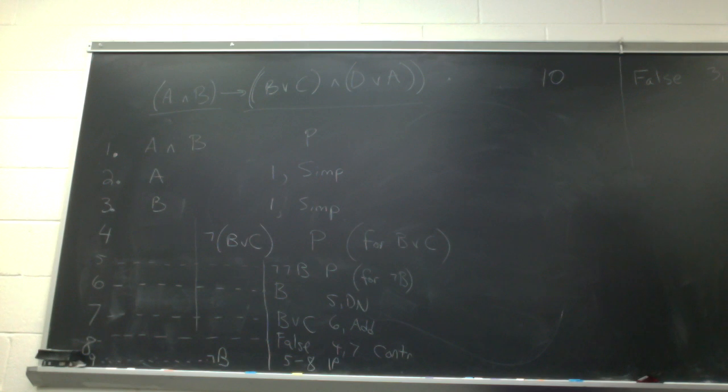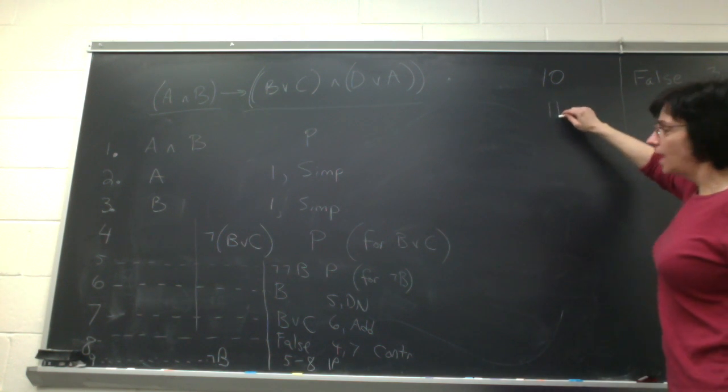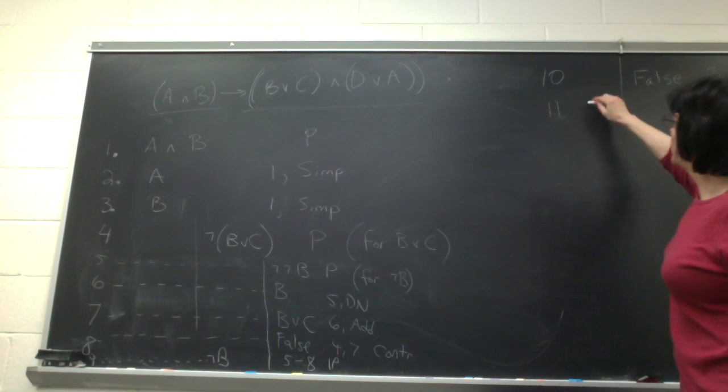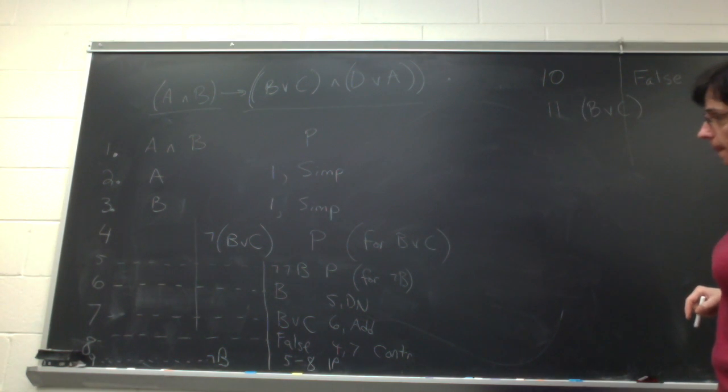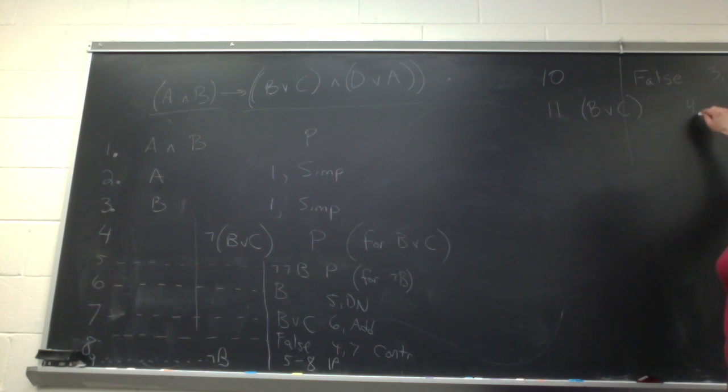Which means that line 11, I can outdent and I can say I've proven B or C, and that is based on, let's see, line 4 and line 9 and 10, right? You guys with me? Ouch, right? I could repeat the whole same process to conclude D or A, right?